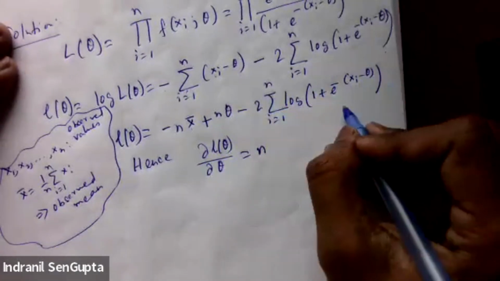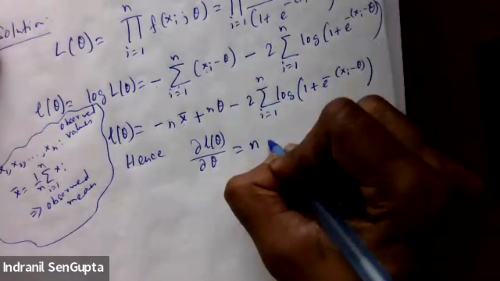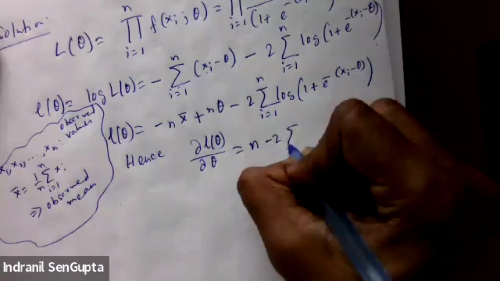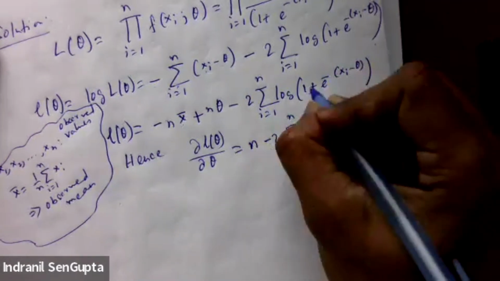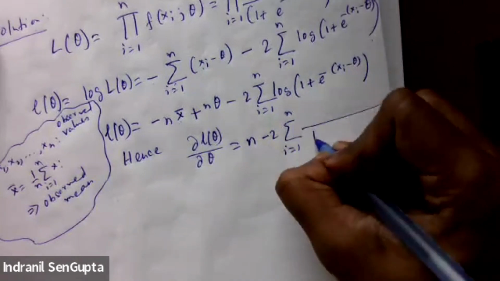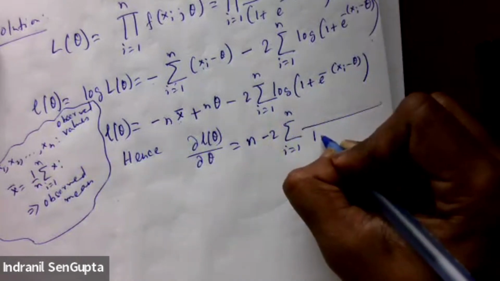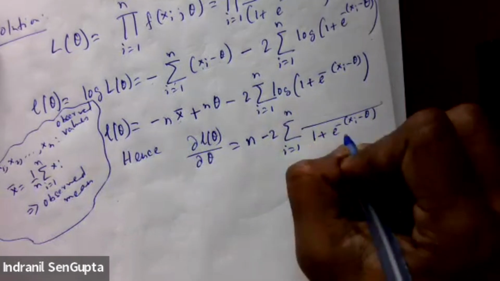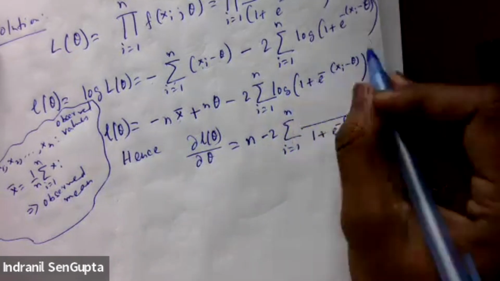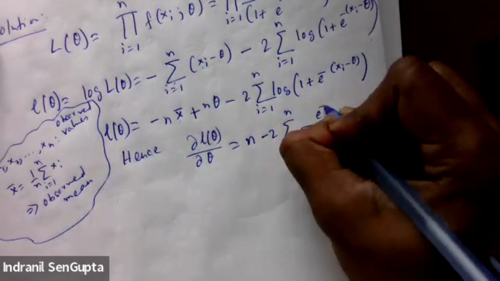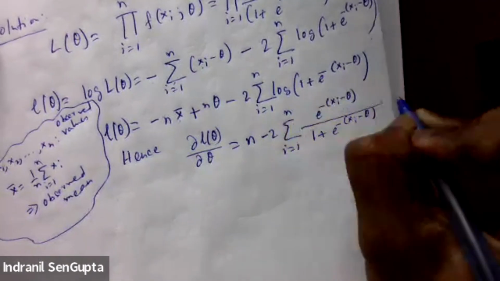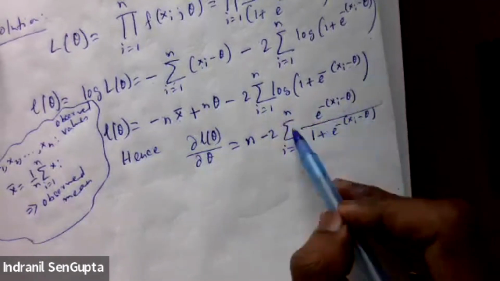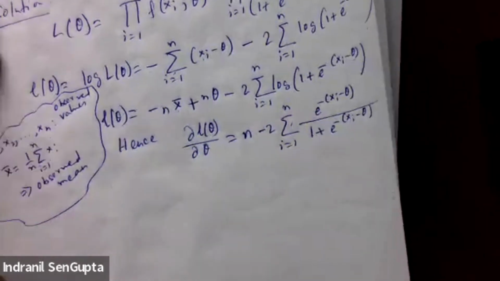And now this whole thing depends on theta. So minus 2 summation i from 1 to n of 1 over 1 plus e to the minus xi minus theta, and then I differentiate this one. So it's e to the minus xi minus theta, and when I differentiate with respect to theta, it's 1, right? So this is this quantity.